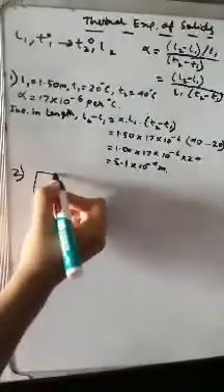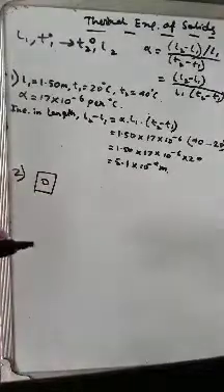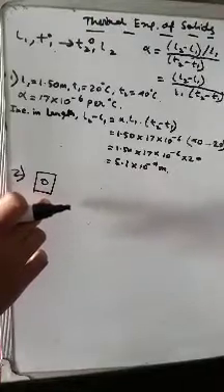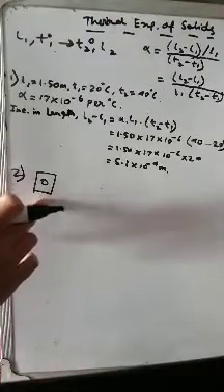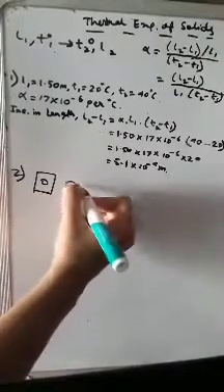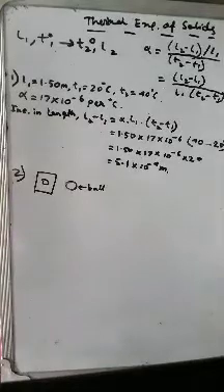Suppose this is your iron plate. This is a hole that you have bored. So how much should the plate be heated so that a ball of certain diameter, suppose this is your ball, passes through that hole. This is our question. So let's start the solution.